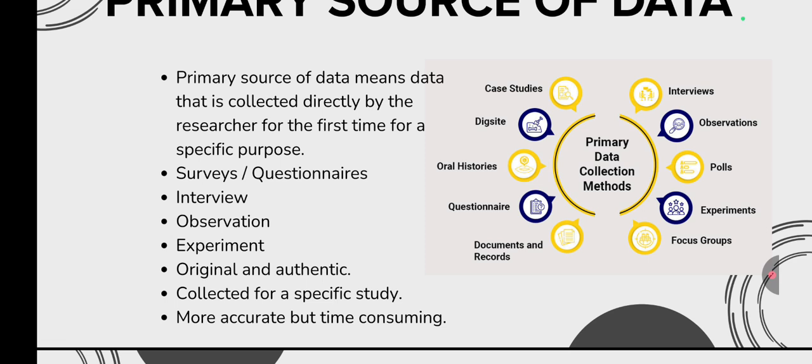These all come under primary source of data. The features are that it is original and authentic, it is collected for a specific study, and it is more accurate, but it takes more time to collect and record.